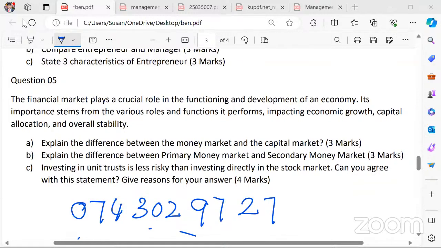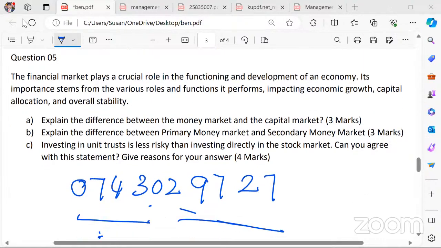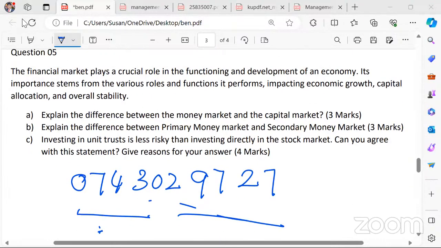Here the question number 5, we explain the financial market, right? Explain the difference between the money market and capital market. Normally, capital market is long term, money market is short term, right? Explain the difference between primary market.